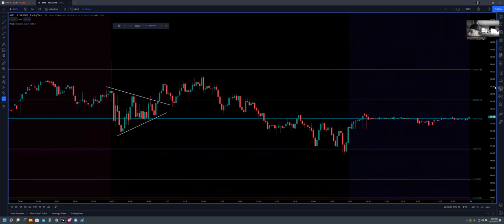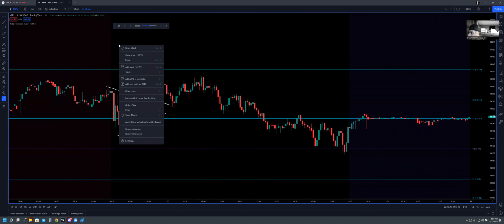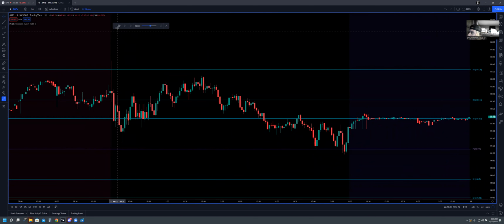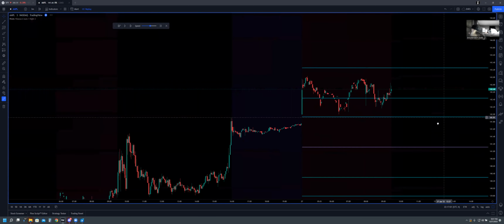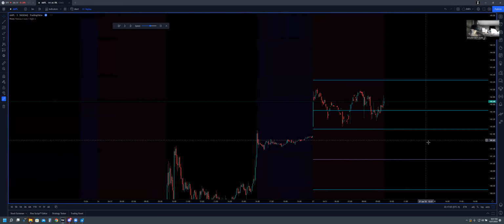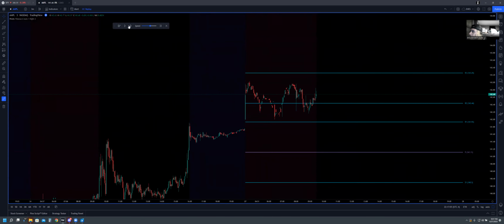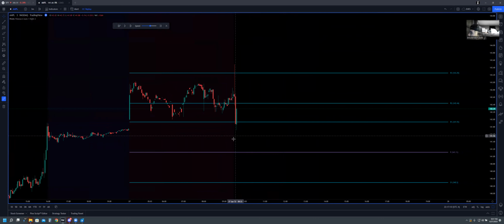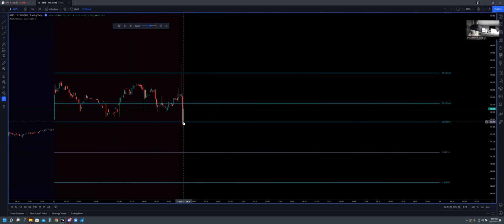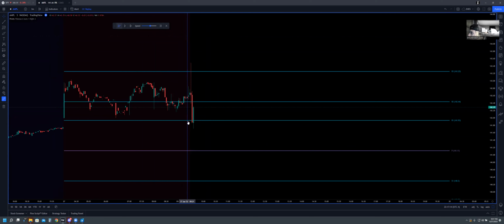It didn't hit the target though, but right here you can see that nothing's really happening on Apple. It had the bear flag too, the bear flag dump. Right there would have been a nice solid take profit level.